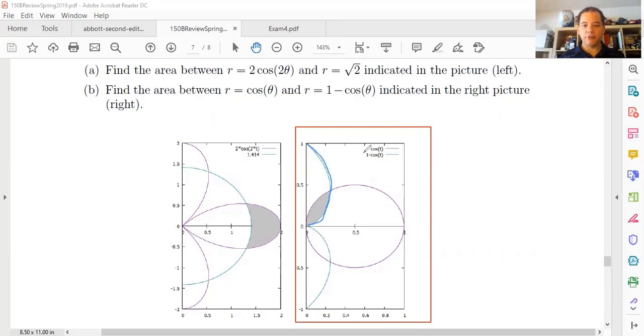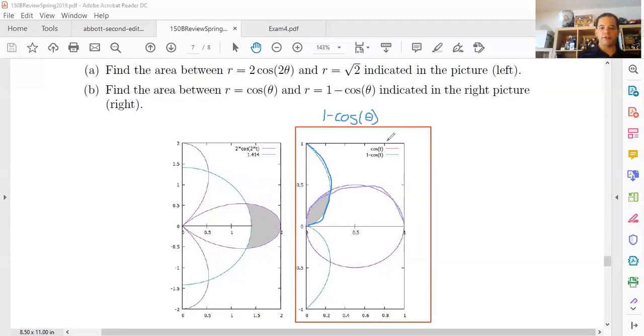That's 1 minus cosine. And then we have the other one, which is the purple one. I'm only going to do the relevant part, this one over here, and the area under the curve.